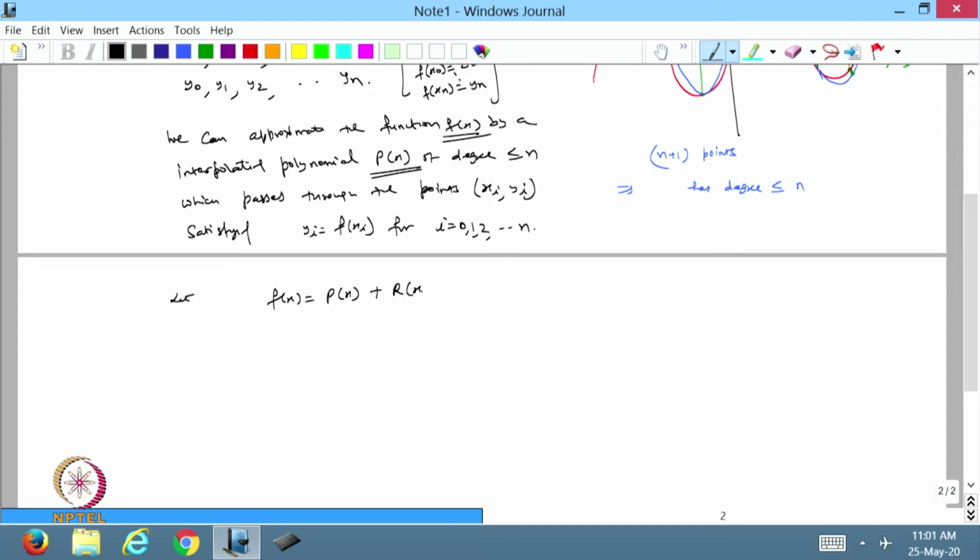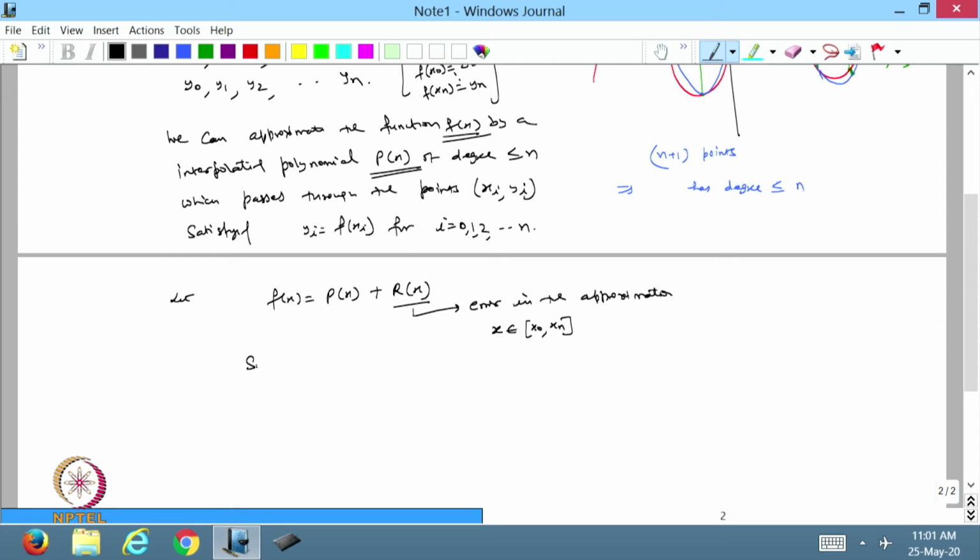I call it R(x), where R(x) is the error in the approximation. And x belongs to the interval from x0 to xn, so anywhere between the value x0 and x1.